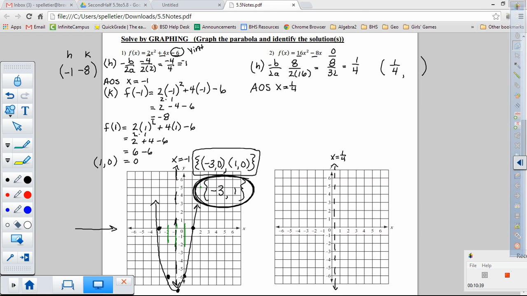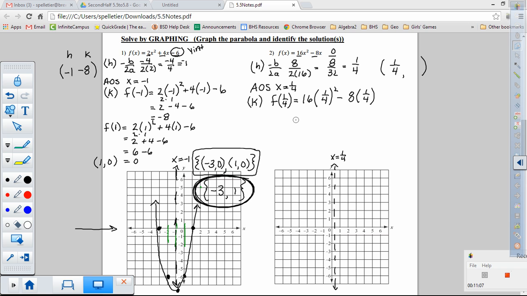And I have to find my y value now. So to get k, I have to do f of 1/4. So dig out those fraction apps. Let's put them to work. 16 times 1/4 squared, minus 8 times 1/4.